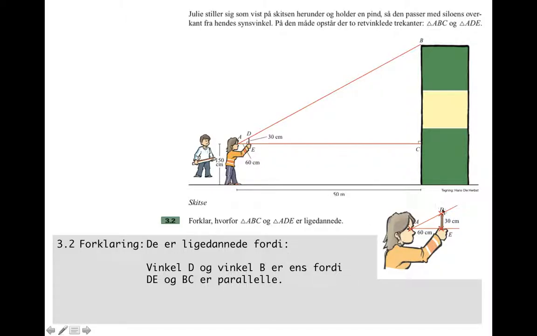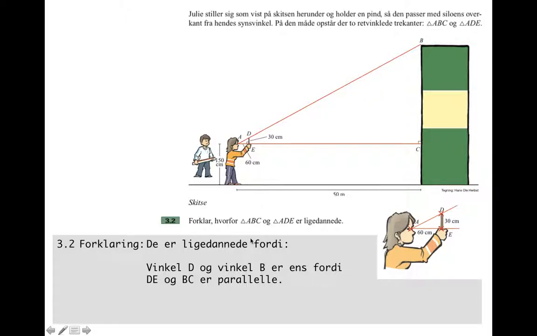So you've got the stick, which is DE, parallel with the silo, which is BC. So lines that cross them form angles that are equal. D and B are equal to each other because the line that they're on crosses two parallel lines.